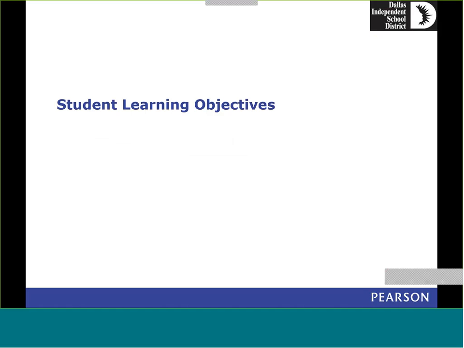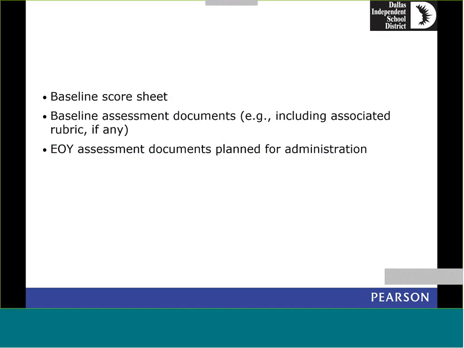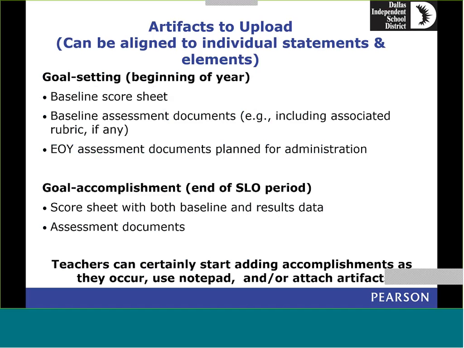So let's go in and talk about student learning objectives. The SLO tool will be very similar to the observation tool. So you'll notice that once you do get your observation, it'll match some of the same categories. There are two different SLO windows, where you will do a SLO for the beginning of the year, and we call that your goal setting.